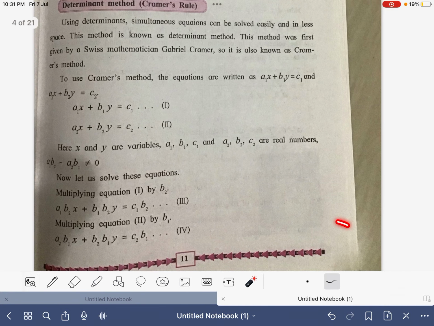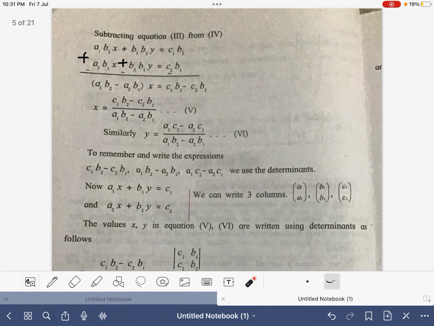So likewise, after the simplification, you will get the value of y.